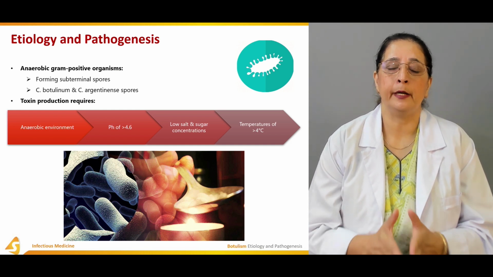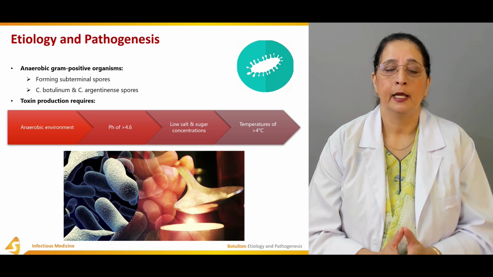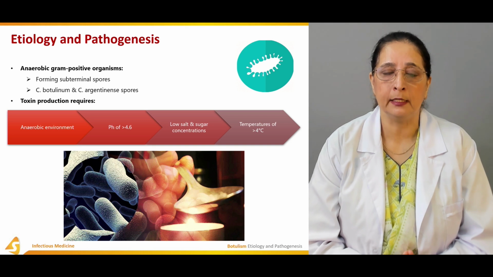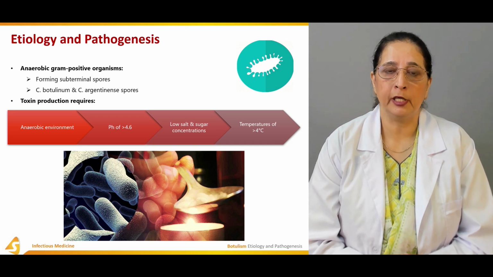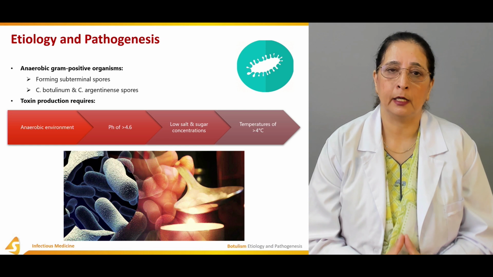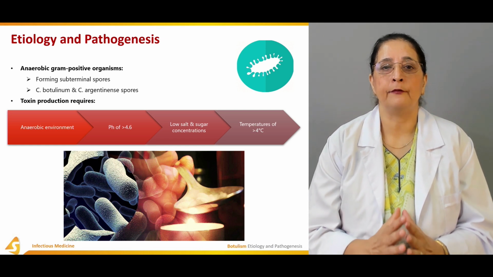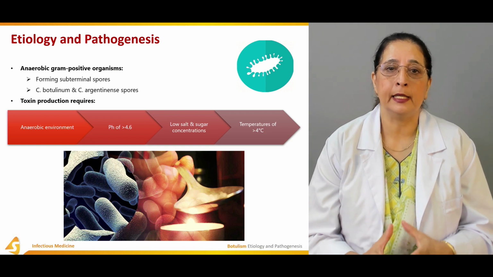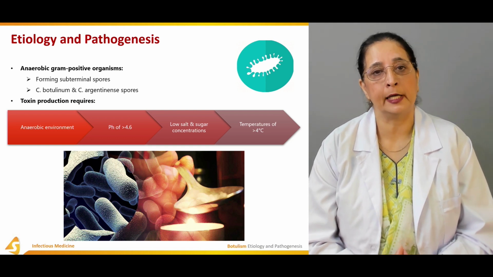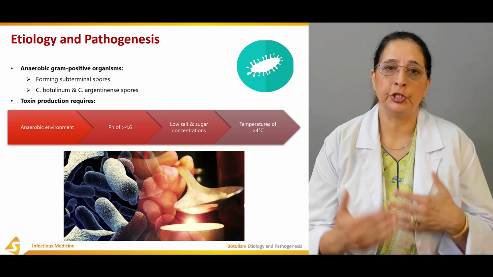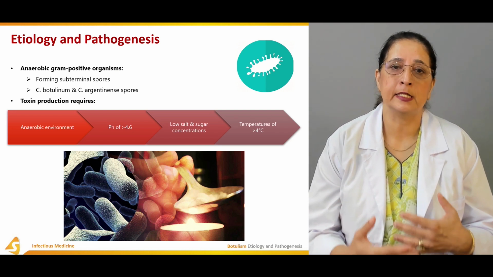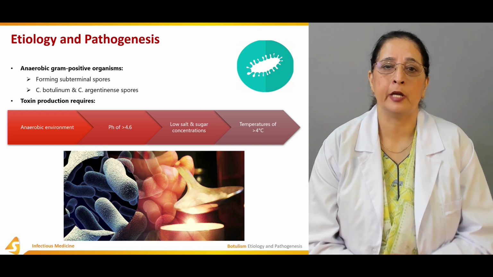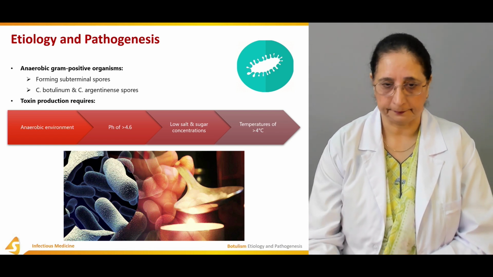These are the important factors for toxin production by these Clostridia. All these factors help in the proliferation of Clostridia and production of the toxin.